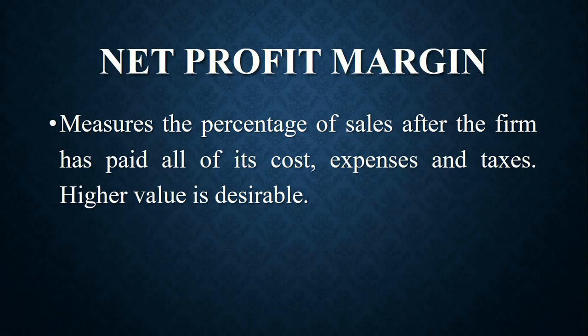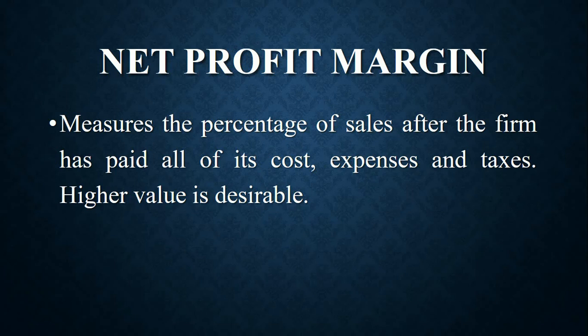Next is the net profit margin, which measures the percentage of sales after the firm has paid all of its costs, expenses and taxes. It means the operating profit, that is the pure profit, because we have purely obtained it from the operation.